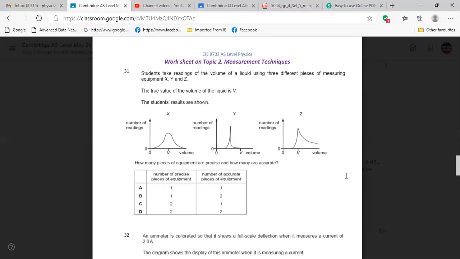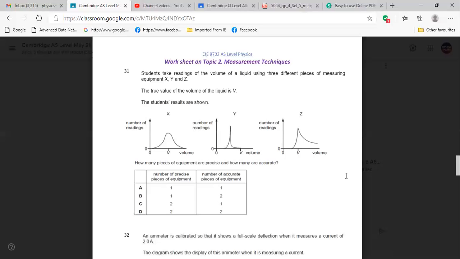Yes, sir. So the precise piece of equipment is X. Label it in your copy: the precise piece of equipment is shown in X. So what should be your answer?